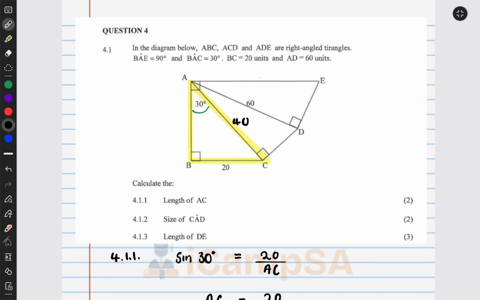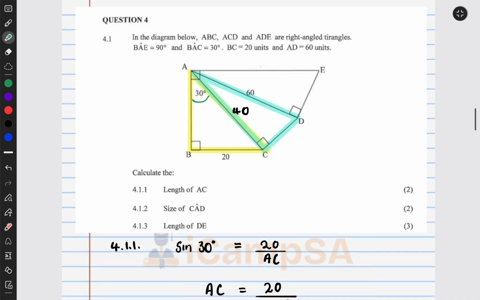Okay, and then let's go to the second triangle, the second one, which is A, C, and D. What do we have there? For A, C, and D, we have that side, which is 40, and the hypotenuse side, which is 60. And we are asked to calculate angle CAD, this angle there.